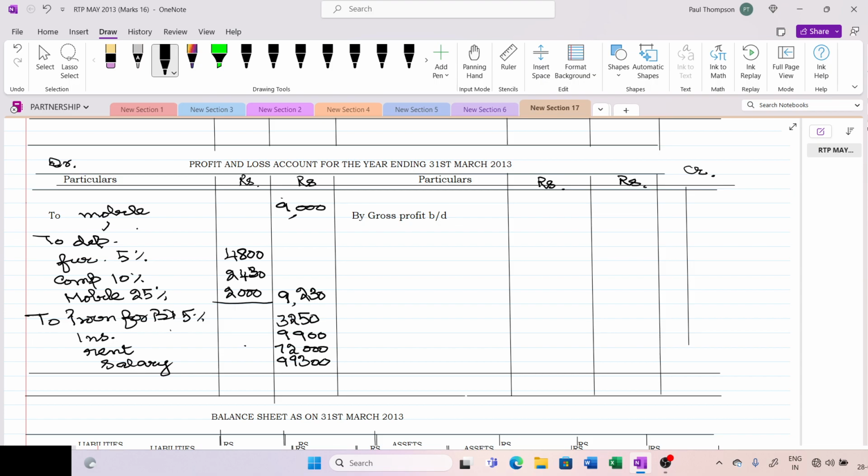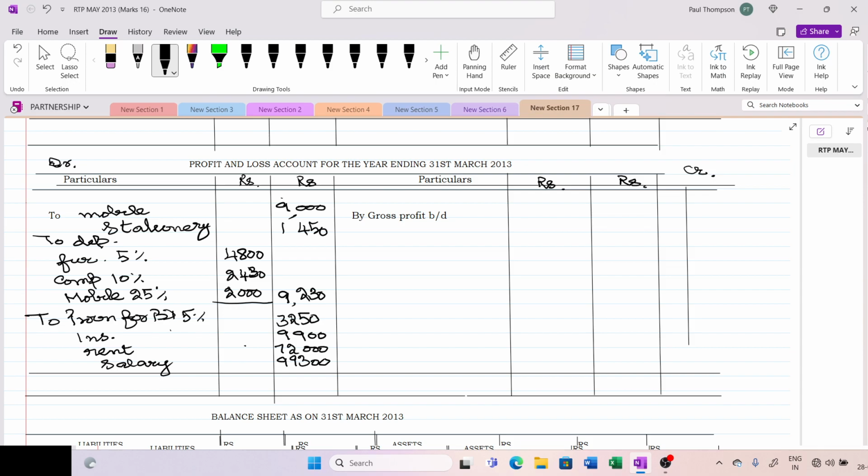I'll write here the stationery 1,450. Okay, so I think we have written all the items. So we have written the mobile phone, and we have written all the depreciation as well as provision, insurance premium 9,900, salary 99,300, rent 72,000, stationery.